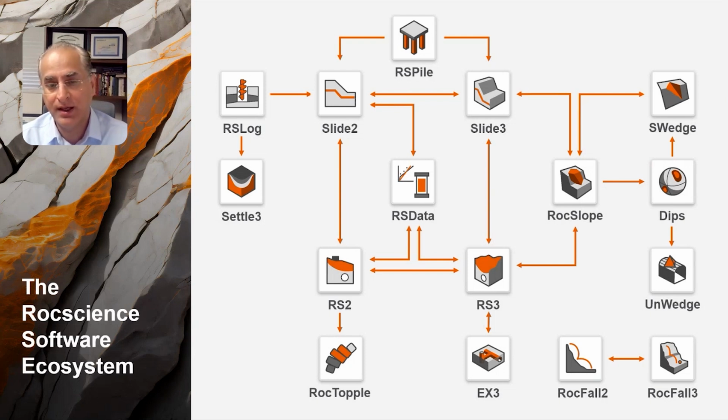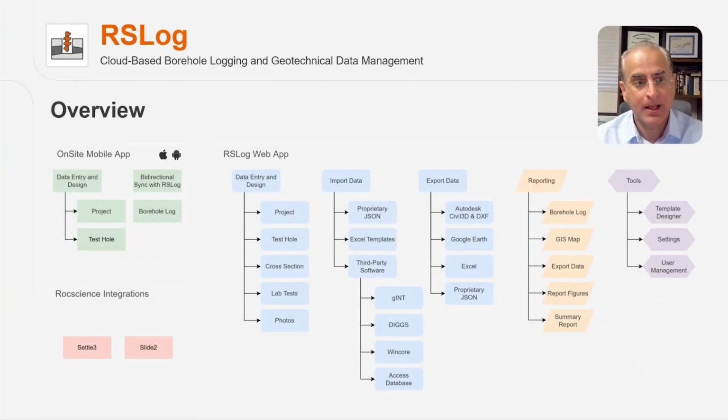And what it means is if you have your borehole data in RSLog, you don't need to redo the data entry again in Settle and Slide. You can just spend a few seconds and bring that data directly into Settle. With regards to Slide, if you design a cross-section in RSLog, you can bring the same cross-section into Slide. That's a huge time saver if you have your data in RSLog.